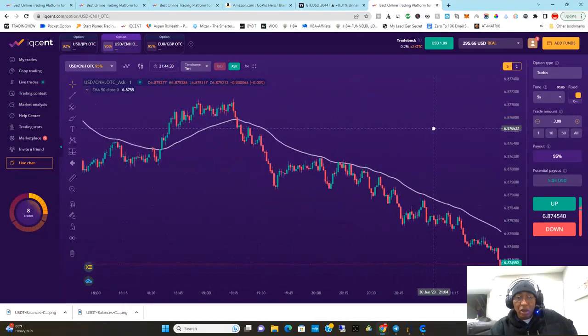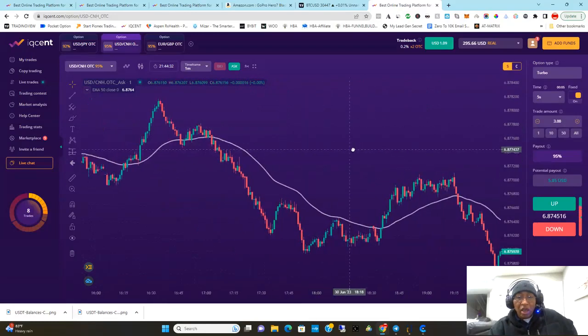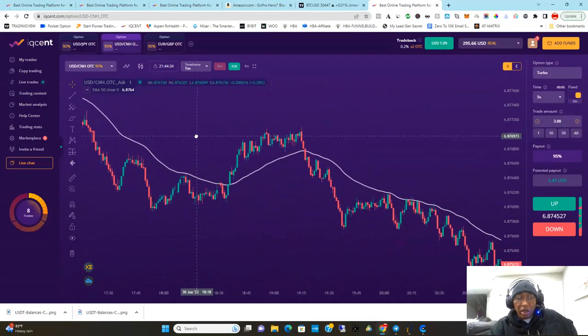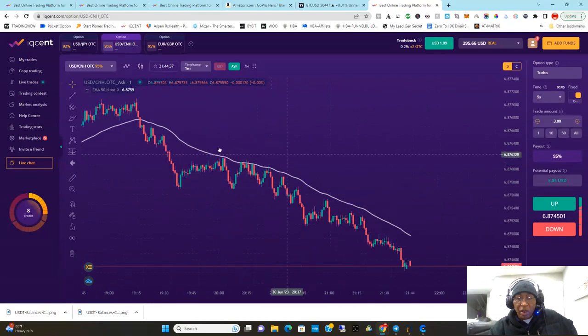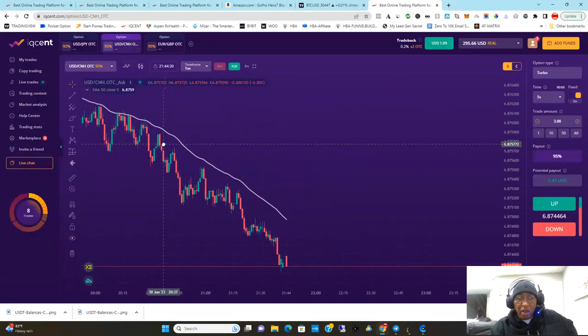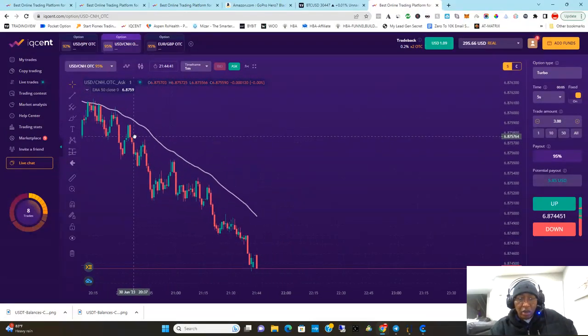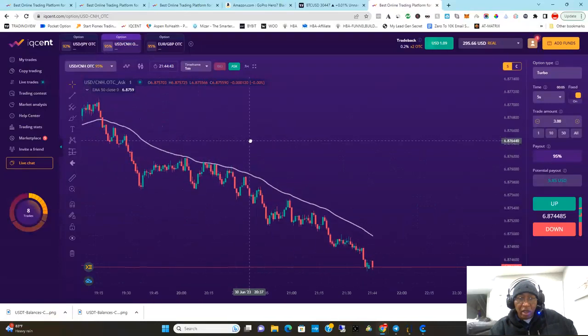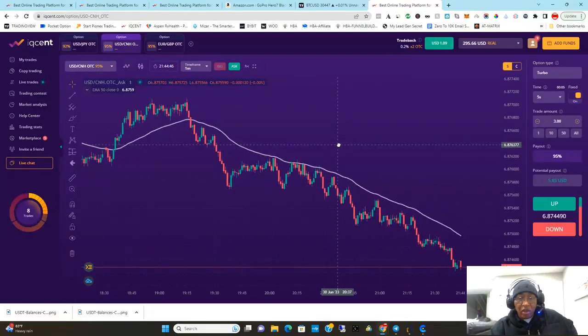The other signal we're going to look for is an area of interest. Okay, so we're going to look for an area of interest, and one area of interest is the lowest point.